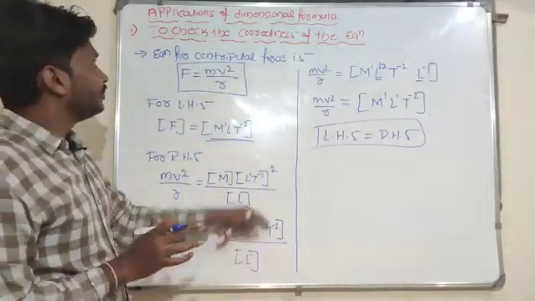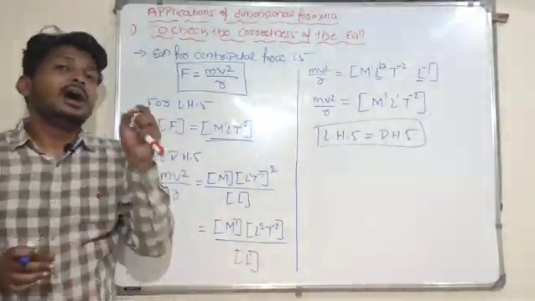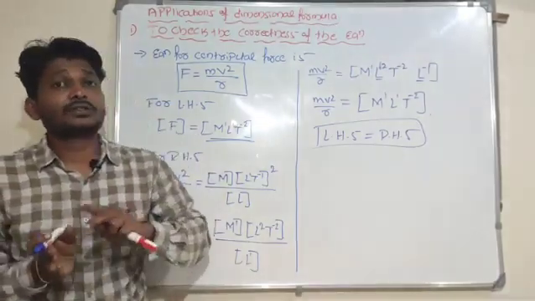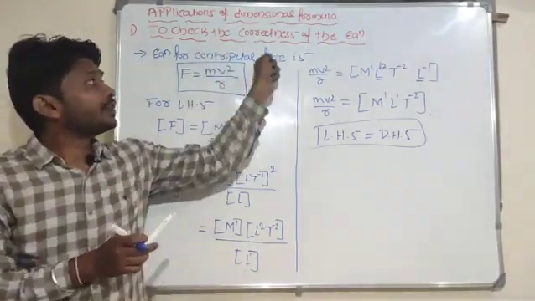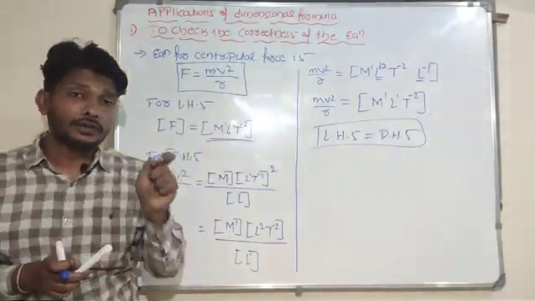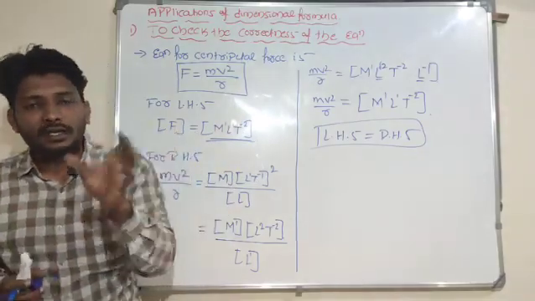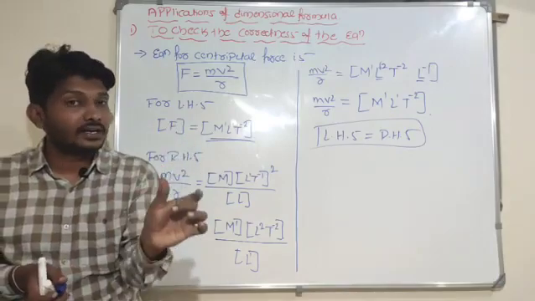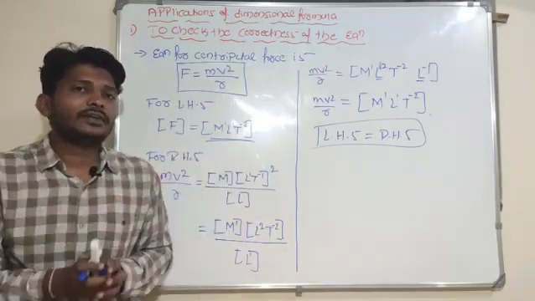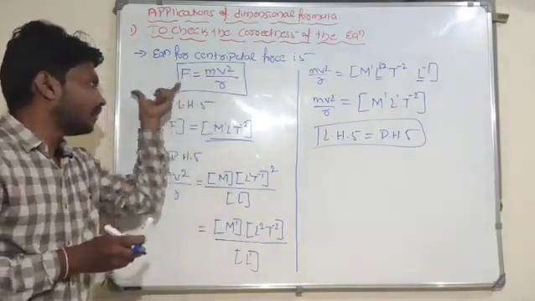Listen here, we are discussing the applications of dimensional formulas. The first application is to check the correctness of an equation using the dimensional formulas. How will you use them? If they give any equation, first you write the dimensional formula for the left hand side term. I have written that for the left hand side.